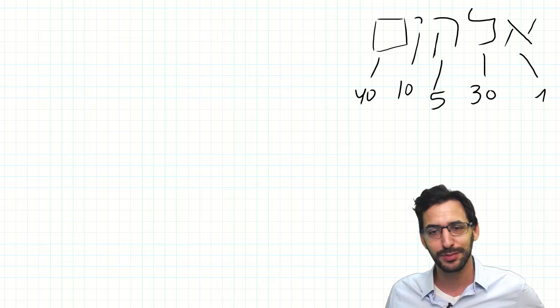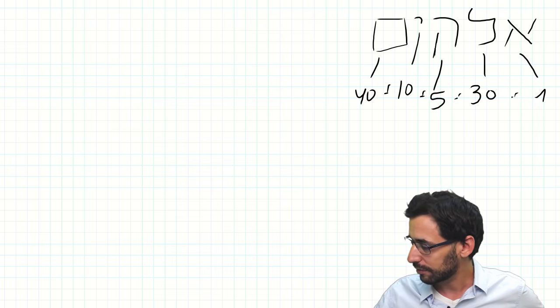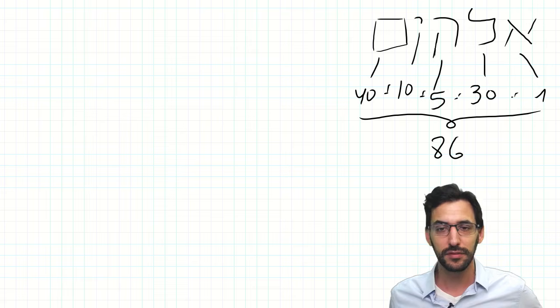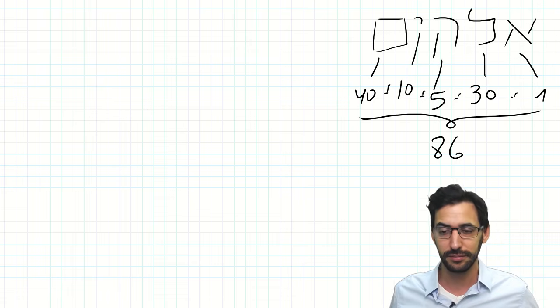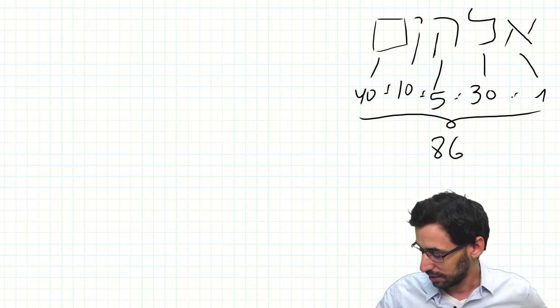What does that add up to? 40 plus 10, 55, 85, and all this equals 86. So Elohim adds up to 86.